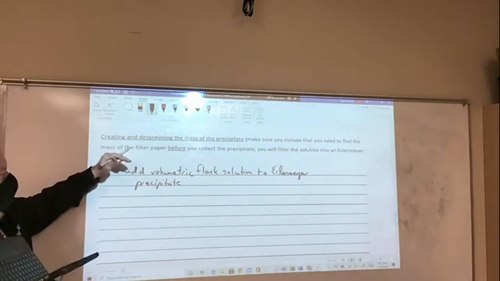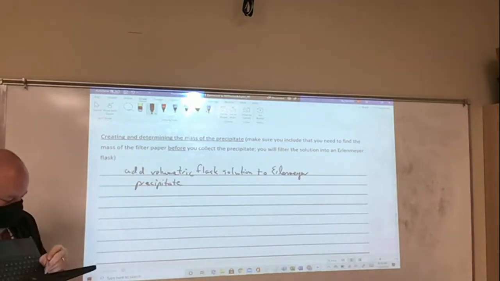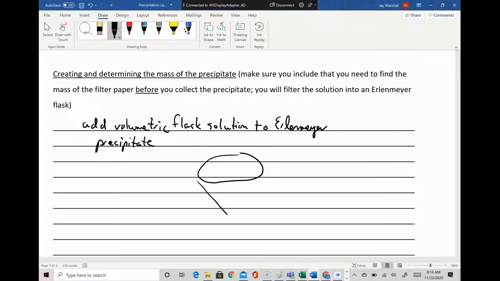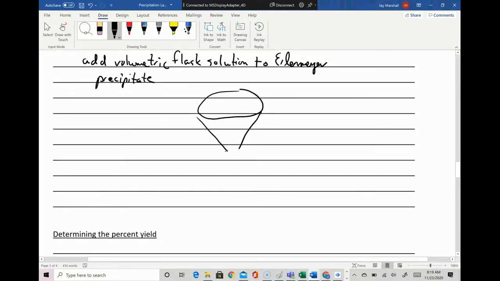Okay, now we're going to filter this using a funnel and another Erlenmeyer flask, and the funnel will have filter paper in it.